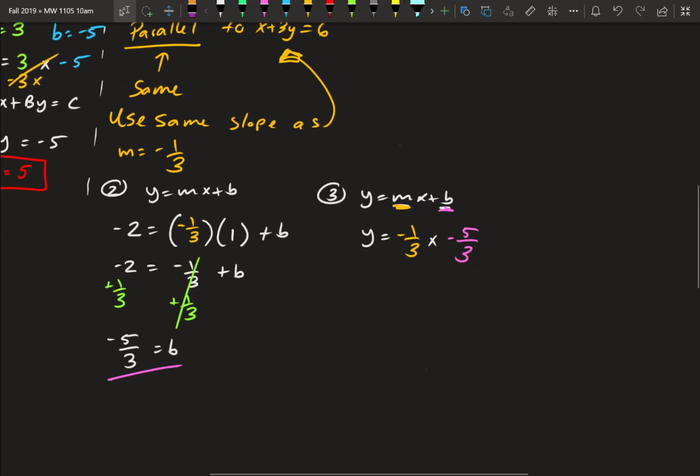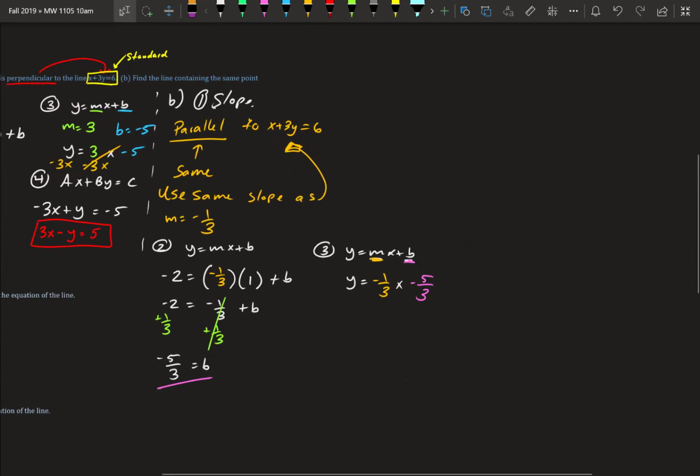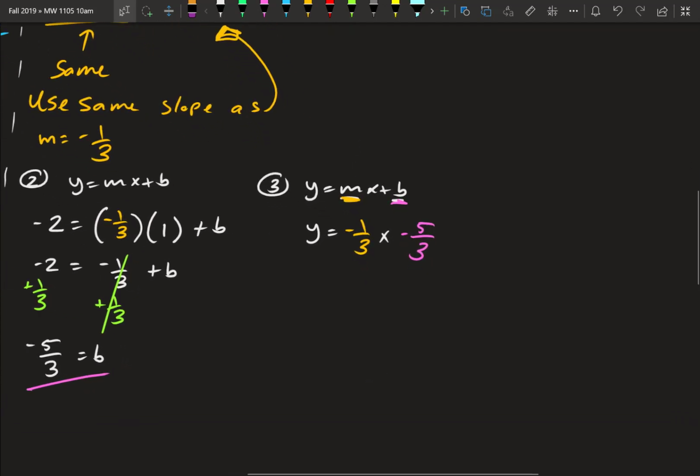Now, since it asks in standard form, we must answer in standard form. So let's go ahead and answer in standard form by adding 1/3 x to both sides. We do that because we want ax plus by equals c. My bad, let me rewrite that. So that's why we move over 1/3 x, because we want x and y on the same side.